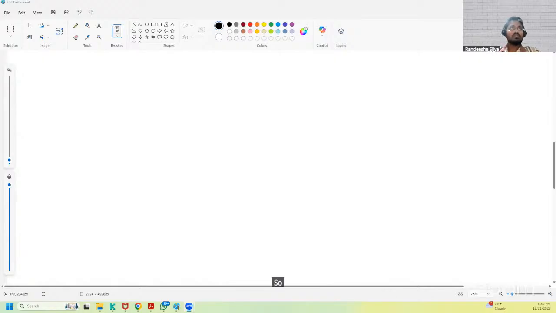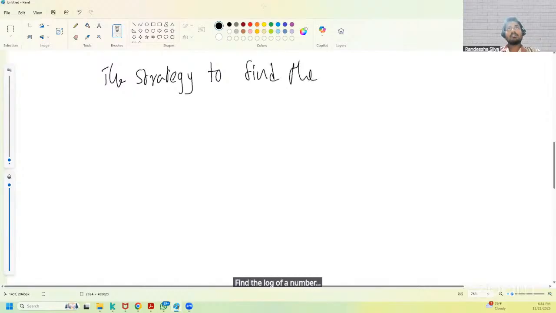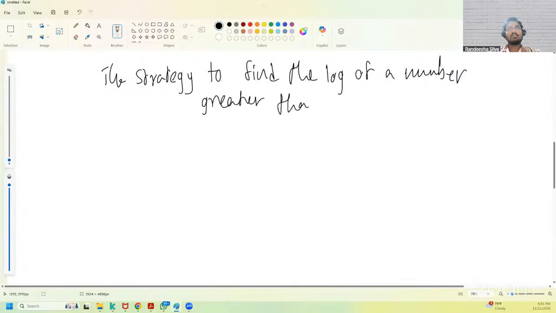So you can write down like this: the strategy to find the log of a number greater than 10. We have a few steps, kids. There are mainly three steps.